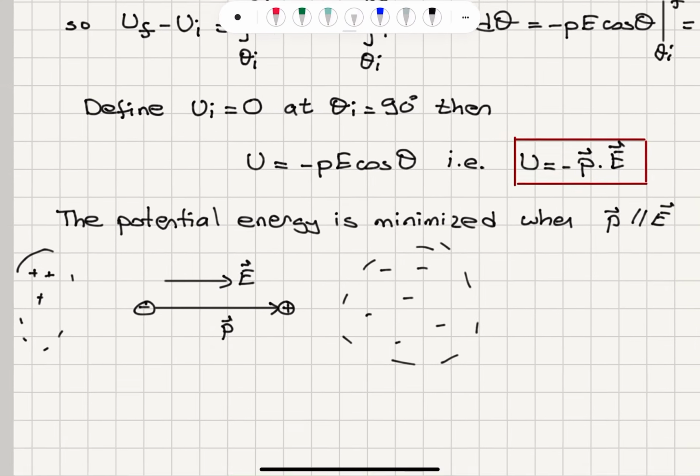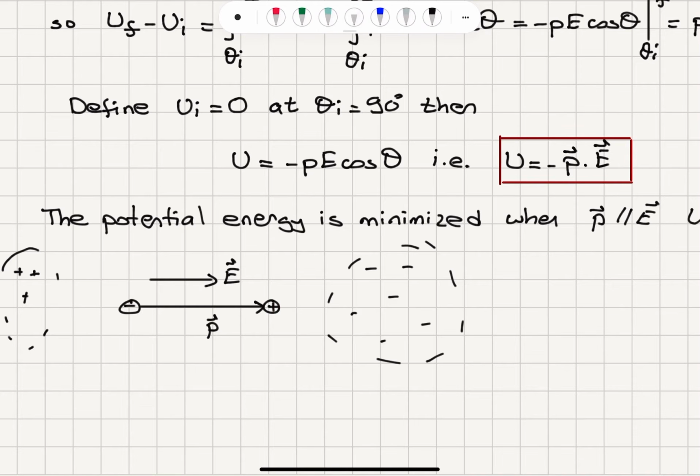And this will correspond to this configuration where I have this uniform electric field, which is produced by some positive charge distribution on the left, some negative charge distribution on the right.